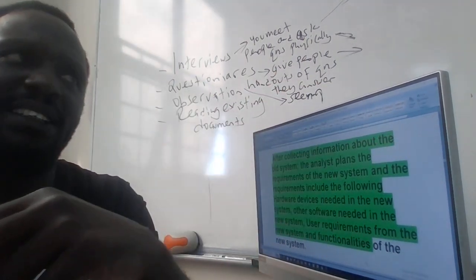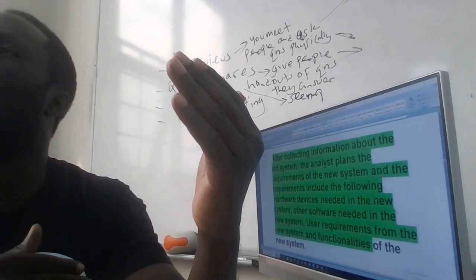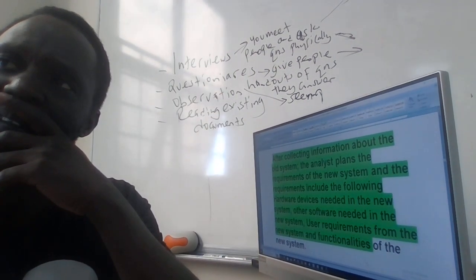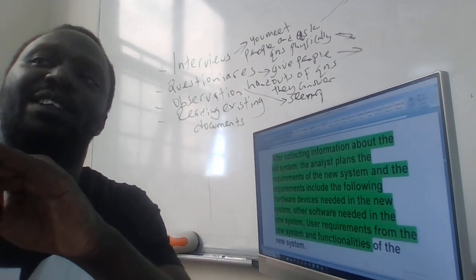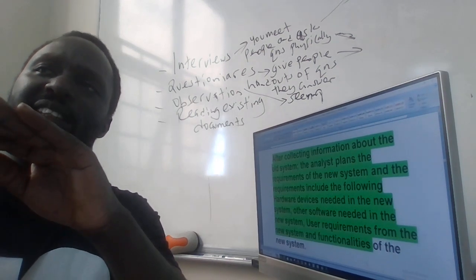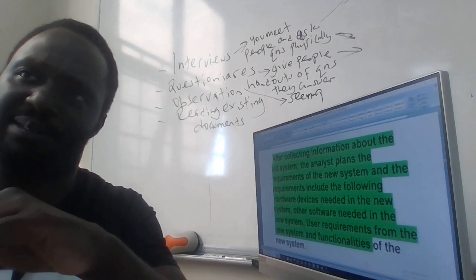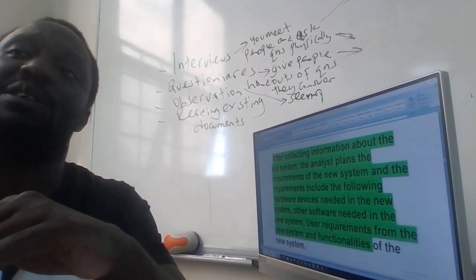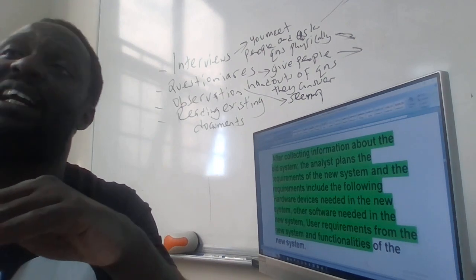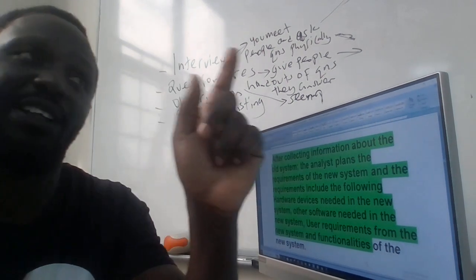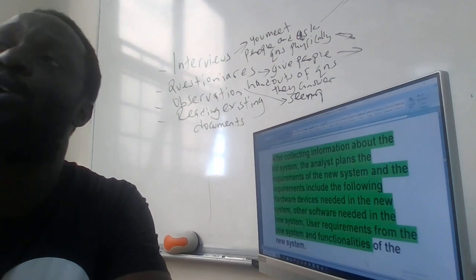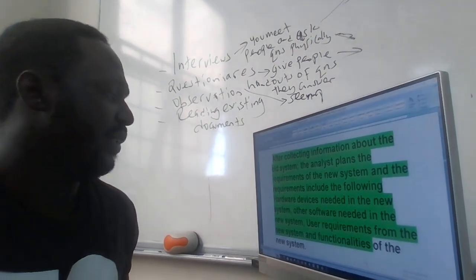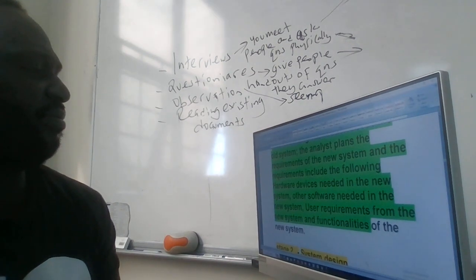The first one is the hardware requirements. Remember, after you collect information about the old system, you use that information to plan the requirements of the new system, which means you plan what you need in the new system. What are those requirements? Let's first list them.